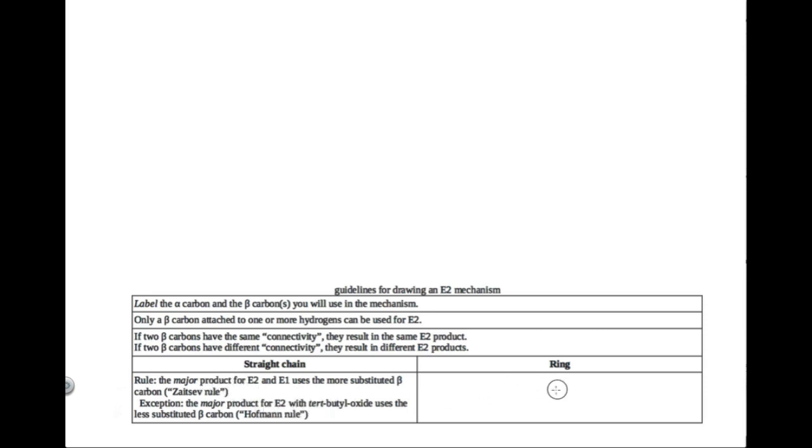These same two rules apply to rings, but there are additional complications when you deal with rings. So because of those additional complications, we haven't given any examples for rings yet. In a later video in the series, we'll begin showing how to apply these rules to rings, where, as I said, there are some additional complications. But we're not ready for that yet. For the time being, we're going to have to continue working with straight chains.